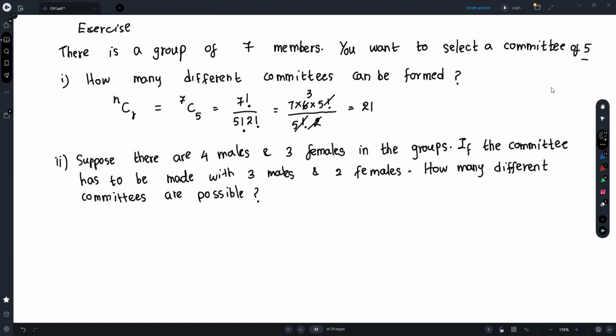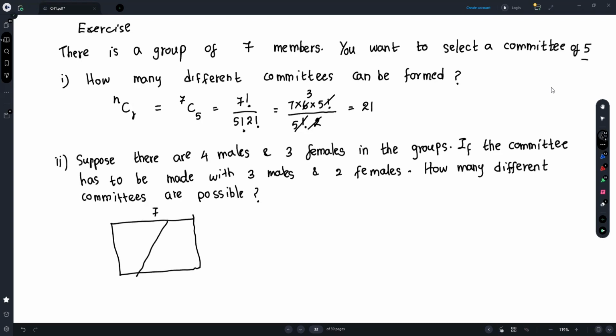Now your 7 members are 4 males and 3 females. So from them, you have to select the committee of 5. That committee should contain 3 males and 2 females. How do you tackle this question? Right. So here's my 7-member set, right?